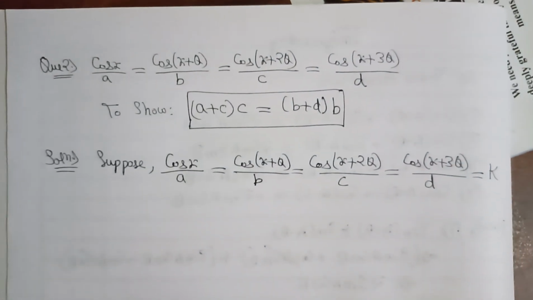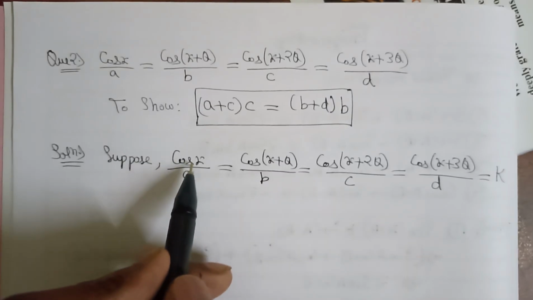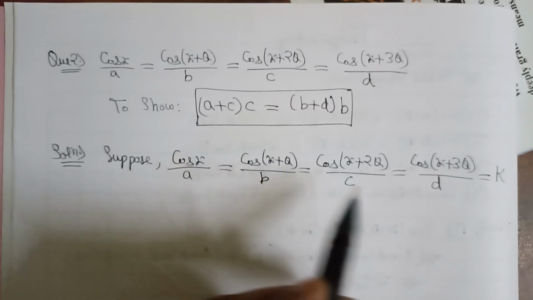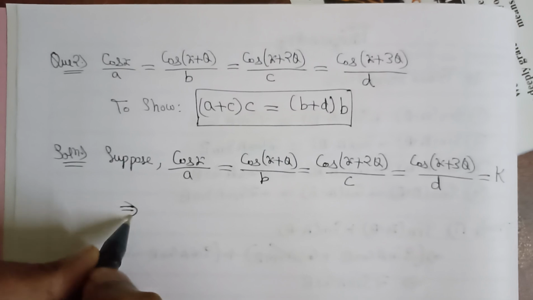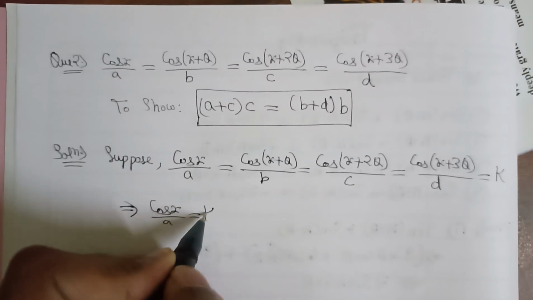Okay, so you tell me when you get k, how I write this cos x so that this whole portion will be equal to k. Or you can directly see that this implies cos x upon a is equals to k.